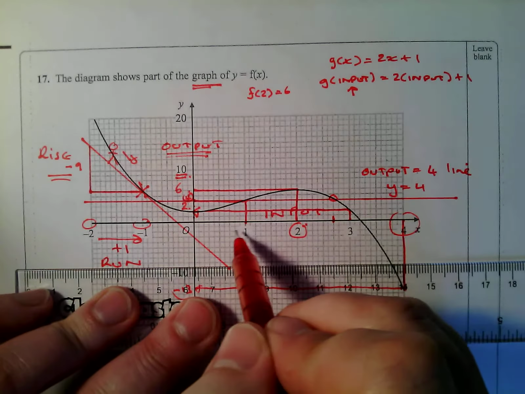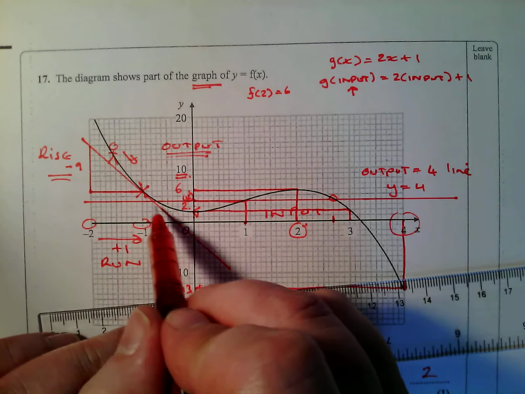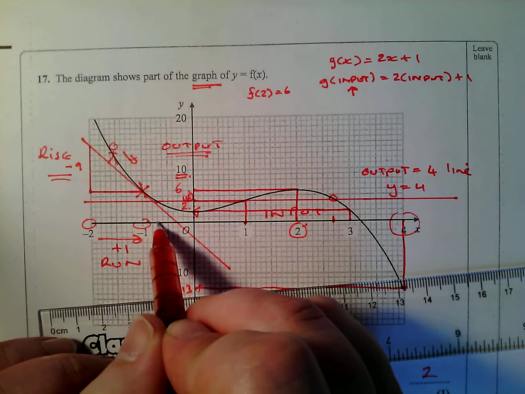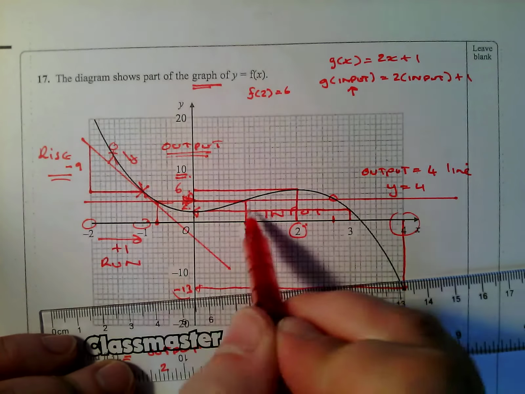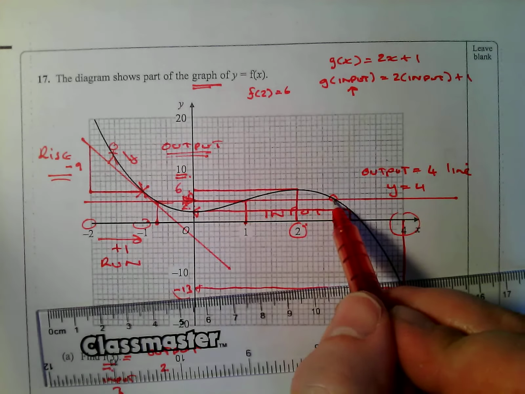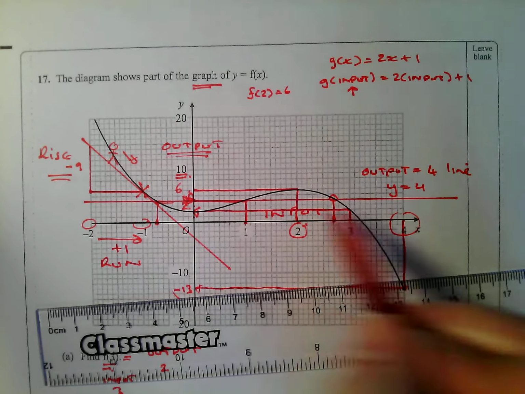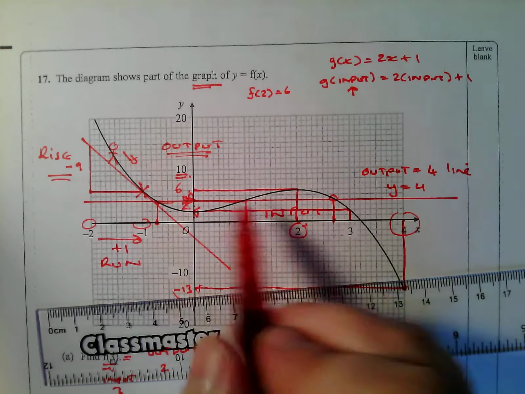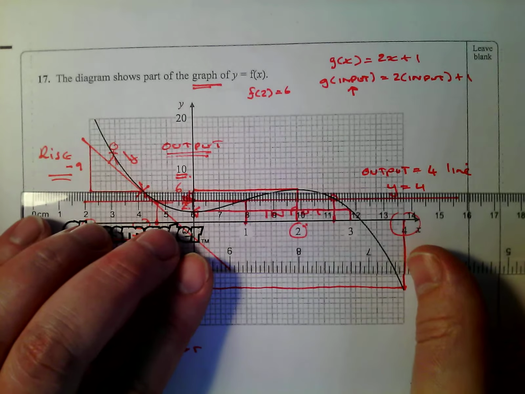Well, let's first of all find an easy area. Now I've drawn massively over this graph, so I'll use a highlighter. Can you see where x equals 4 is there? So 1, 2, 3, 4. If I draw the y equals 4 line, remember that is a horizontal line, not a vertical line.